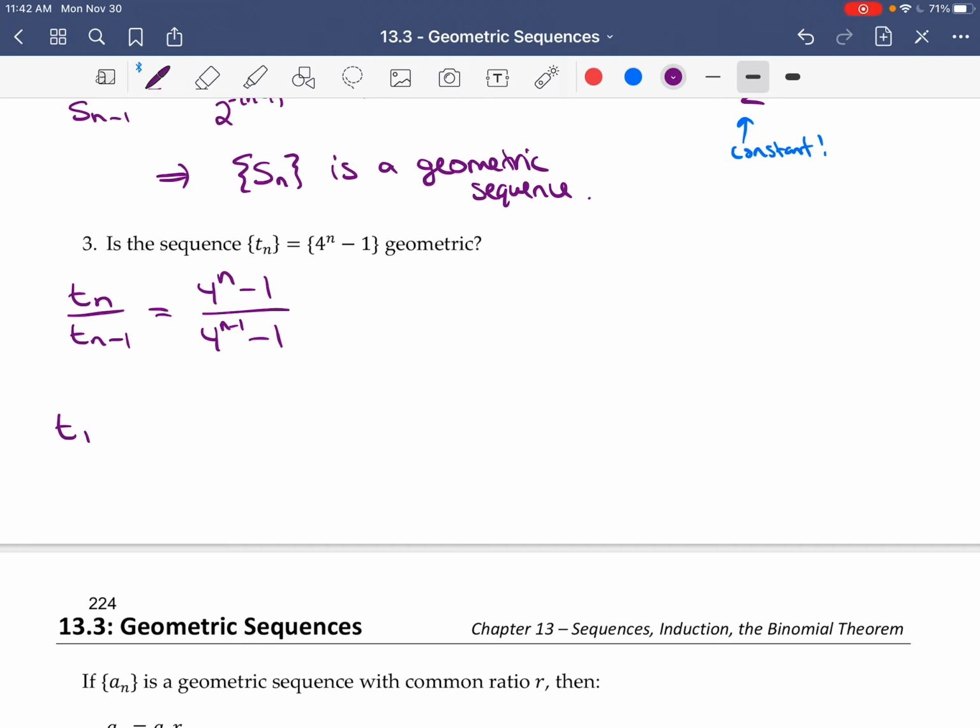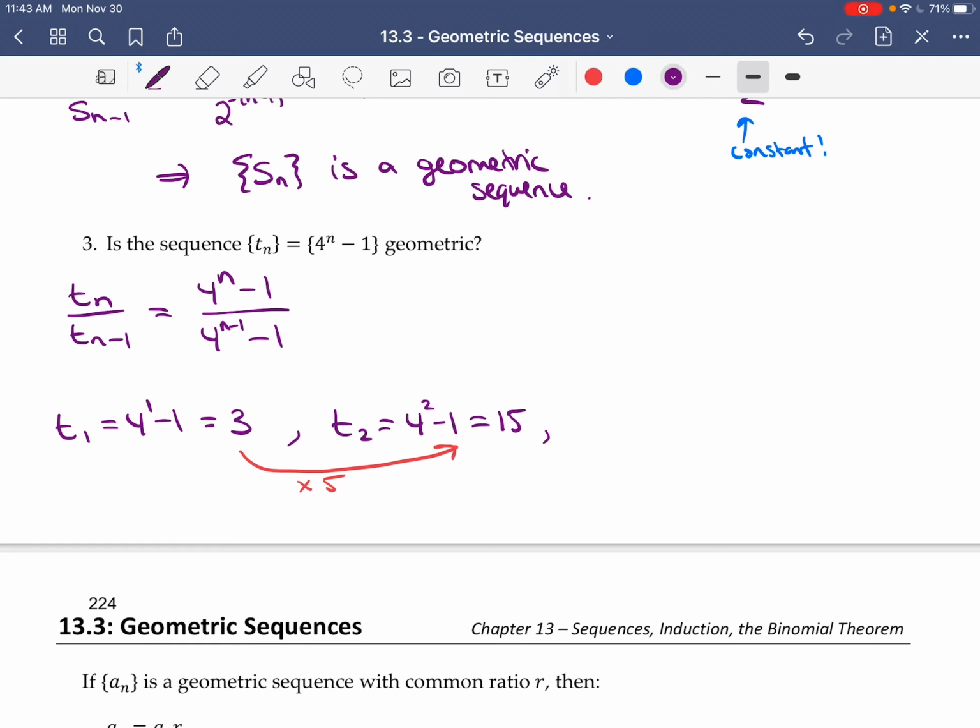T1 is 4 to the 1 minus 1, so that's 3. Now T2 is 4 squared minus 1, so that's 16 minus 1, so that's 15. So to get from T1 to T2, I need to times by 5.